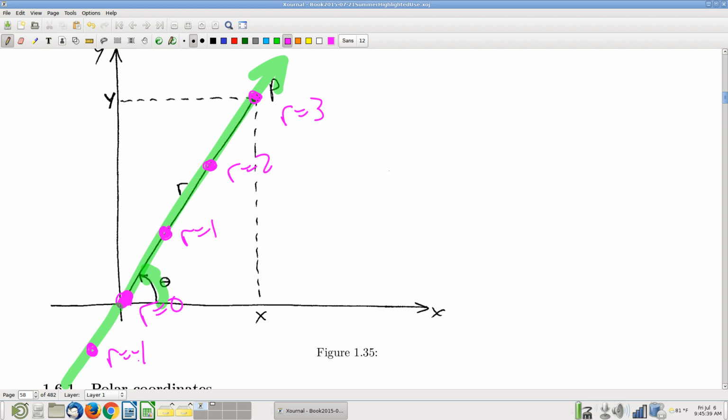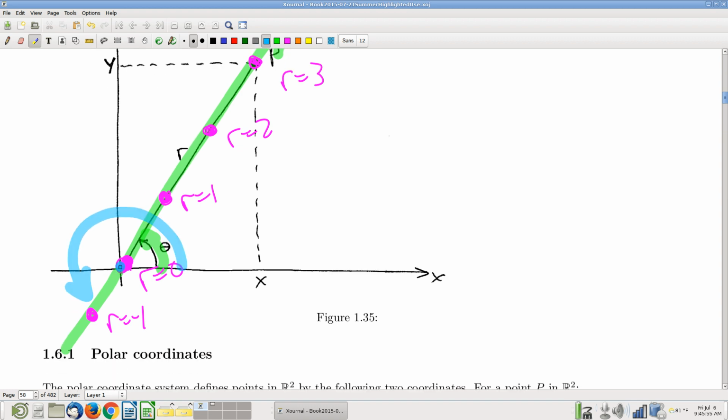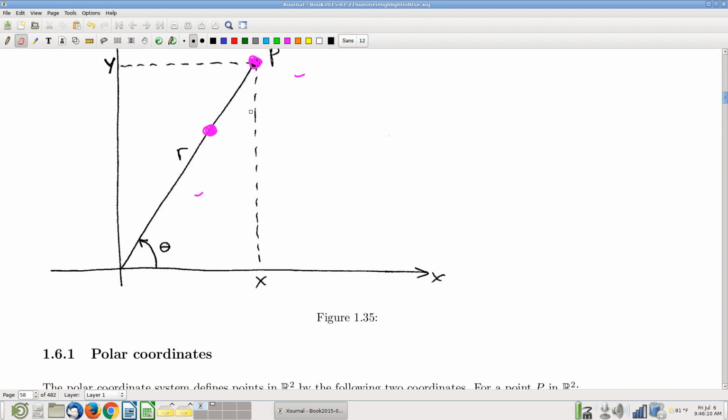Now you could argue that they're a little bit weird. Why would anyone want to do that? Why wouldn't you just describe that point by using that angle, thus describing that direction, and then just let r equal 1? Arguably that makes much more sense, but I'm not saying you should, I'm saying you can. Okay. All right, so heads up about that.